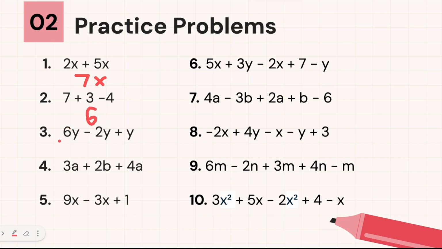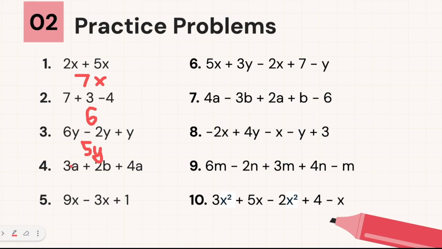Over here we have the same thing. All of these terms contain the variable y, so we can simply subtract and then add their coefficients. So we have 6 minus 2, which is 4. 4y plus y would be 5y. And then over here we have 3a plus 2b plus 4a.